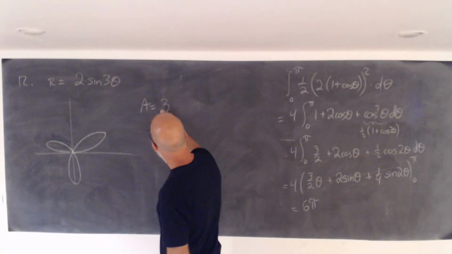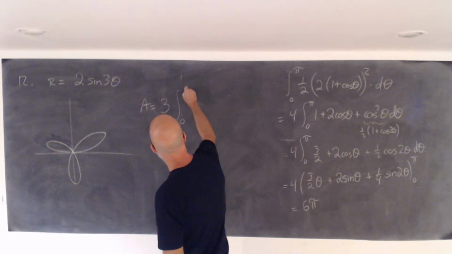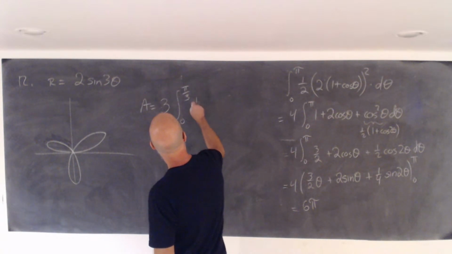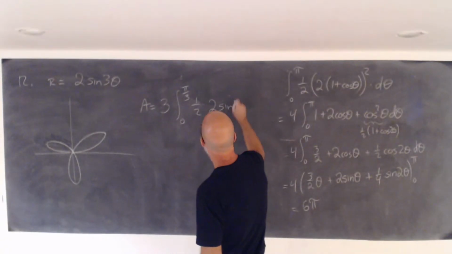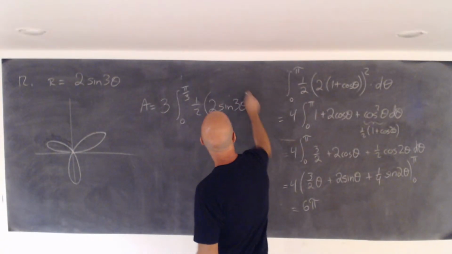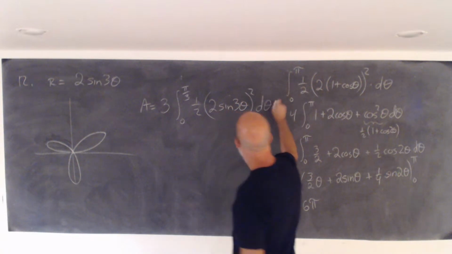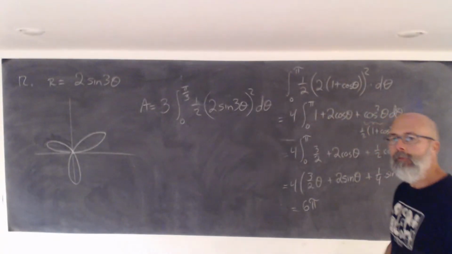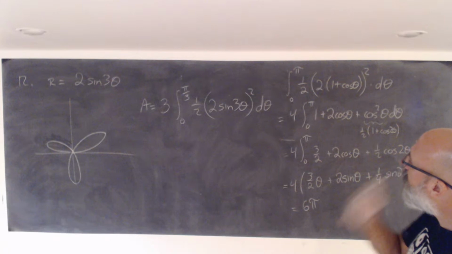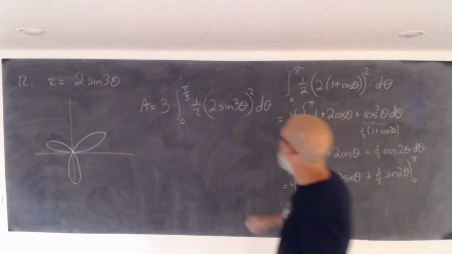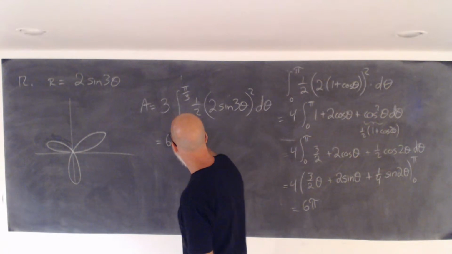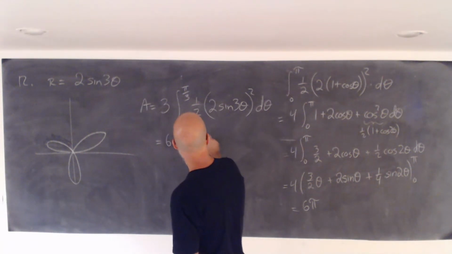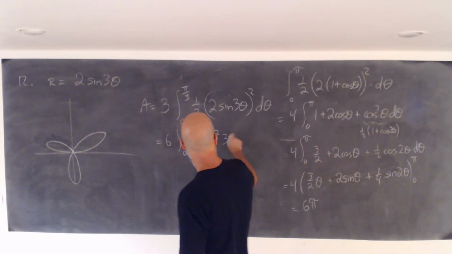The area is going to be 3 times the integral from 0 to pi over 3 of 1/2 your function squared, so that's going to be 6, the integral from 0 to pi over 3 sine squared.